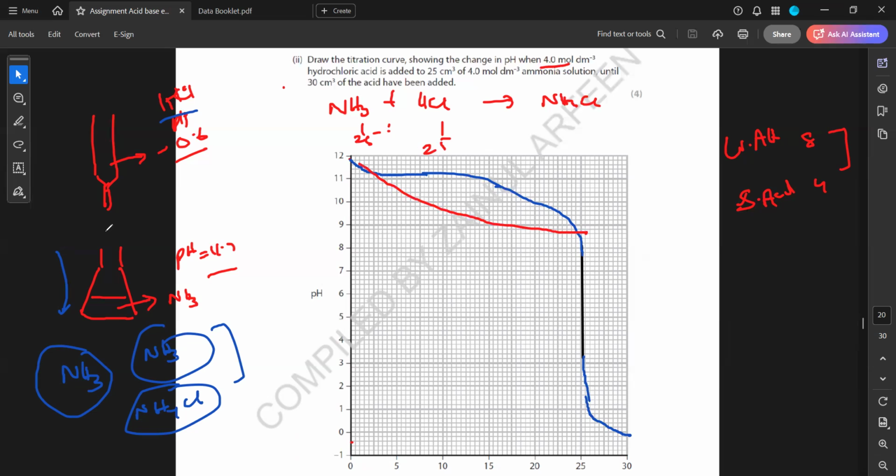There is a horizontal line in this section which shows that the solution is acting like a buffer, because when you add a small quantity of HCl, ammonia is in excess and HCl reacts with ammonia to produce some ammonium chloride. So there is a salt and a weak alkali. When we have a weak alkali and its salt, the solution will act like a buffer. Is the shape of this graph clear? Anyone having a doubt or a question?